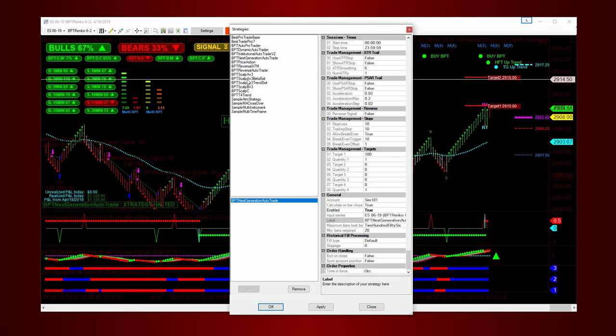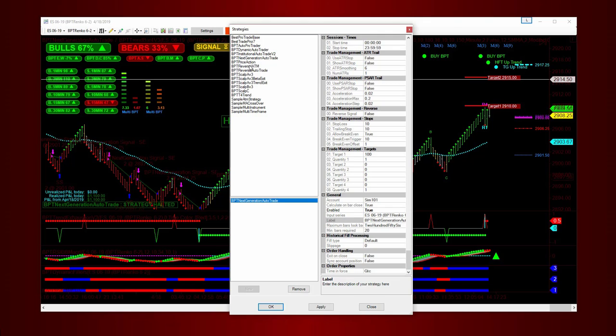The Beta swing trading is on NinjaTrader 7 and 8. The Scalper is available on NinjaTrader 7 and 8. Reversal automated trade is available on NinjaTrader 7 and 8.